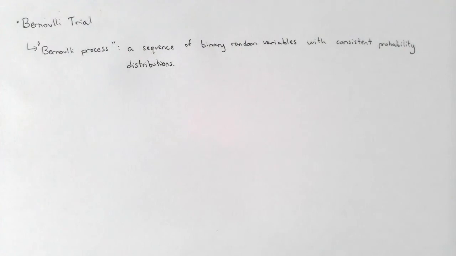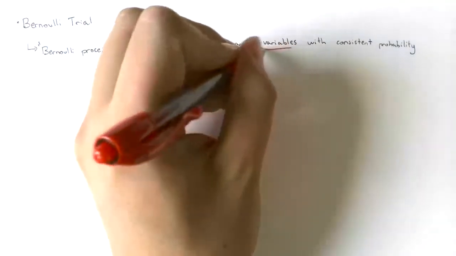So my Bernoulli process is a sequence of binary random variables with consistent probability distributions. Okay, but we've got to define what every single word in that sentence means. So first off, let's talk about what a binary random variable would be.